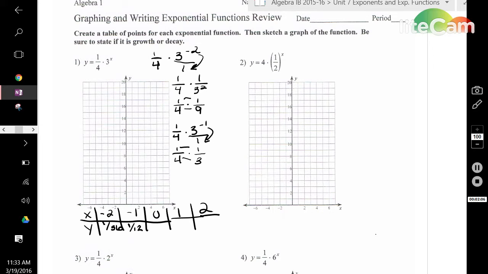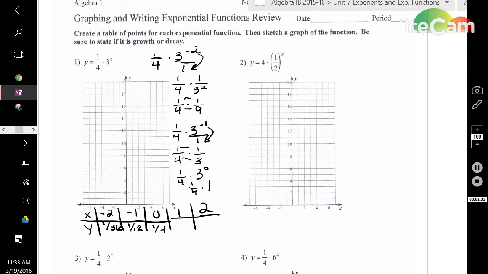So I'd have 1/12. When I plug in 0, I'd have 1/4 times 3 to the 0. Anything to the 0 power is 1. So it's really 1/4 times 1, which is just 1/4.